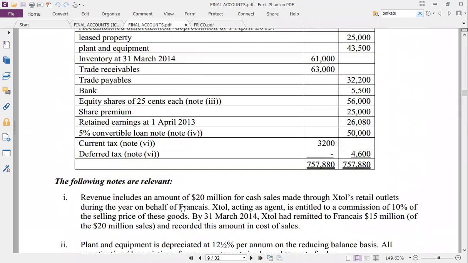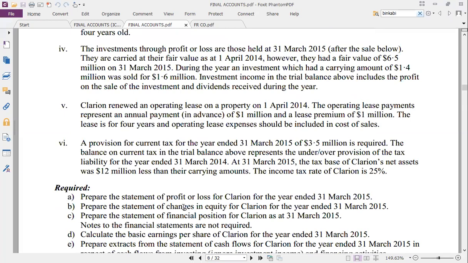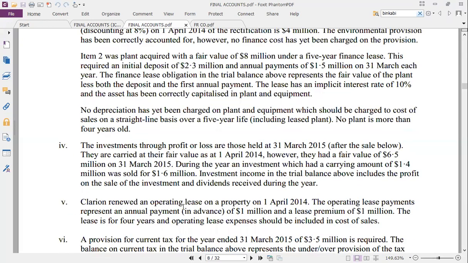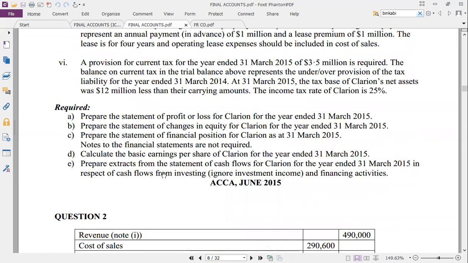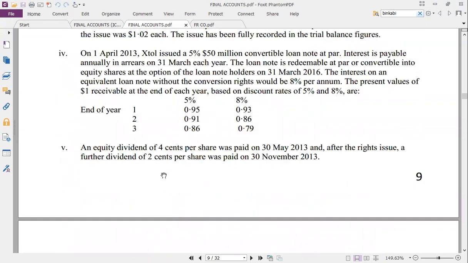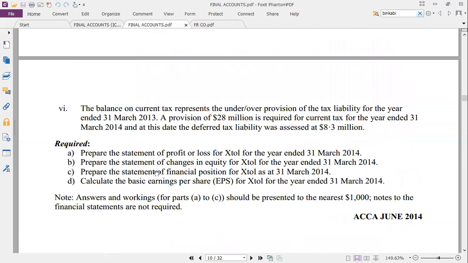The requirements are very similar. So take a look. Okay, so that's the requirement.